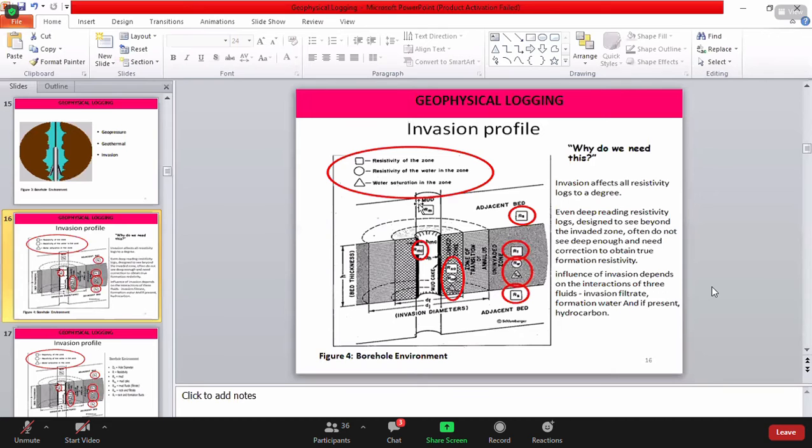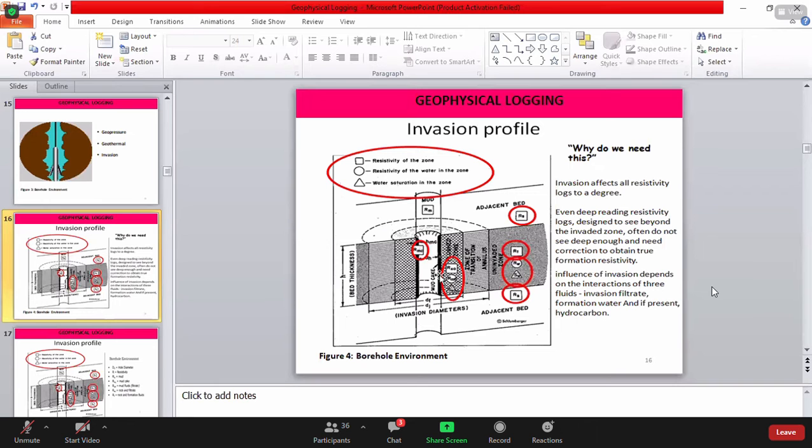And our resistivity helps us to measure the resistivity in the flushed zone. It will also give us resistivity in the uninvaded zone. That is why I said that in our resistivity, we can have shallow resistivity measurement, medium resistivity measurement, and deep resistivity measurement.